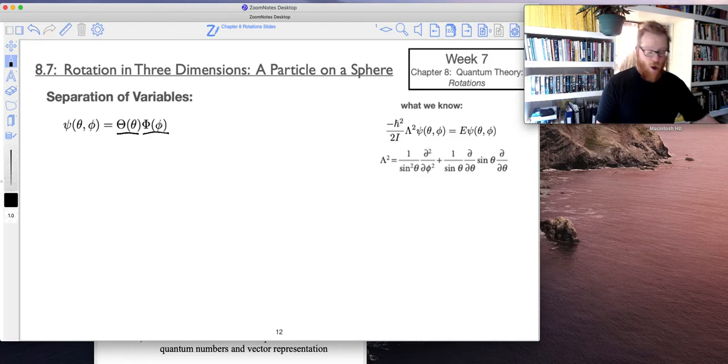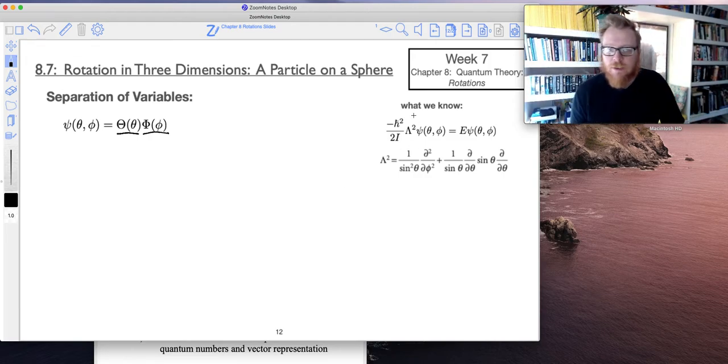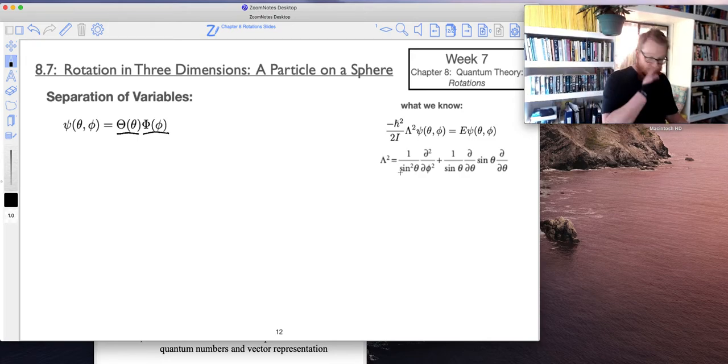So what we know is that our Schrodinger equation is given right here with just our kinetic energy operator. And we've also got our Legendrian. So now, putting this together, I'm going to go ahead and first put my Schrodinger equation in a form that I can use.